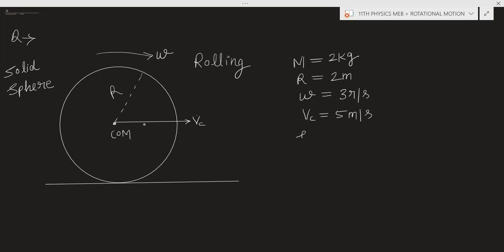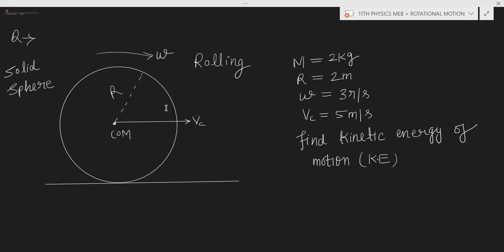We have to find the kinetic energy of motion. Kinetic energy we have to find.